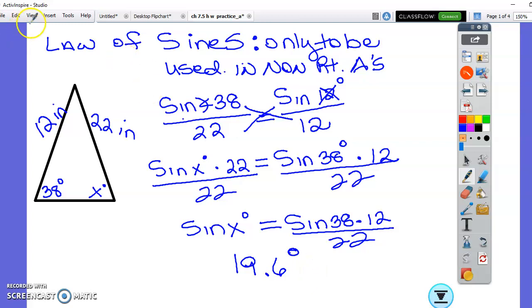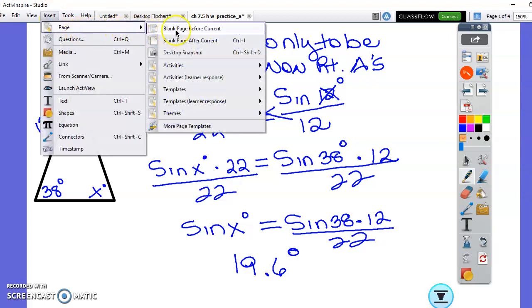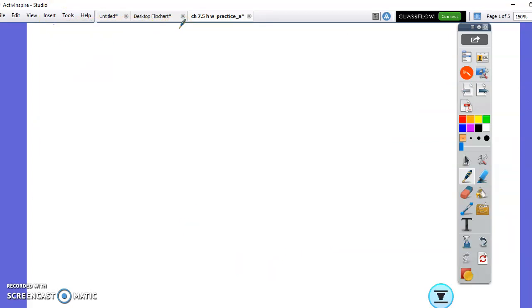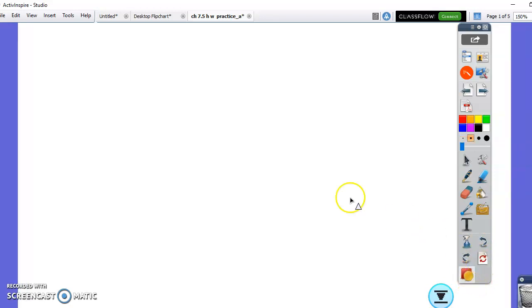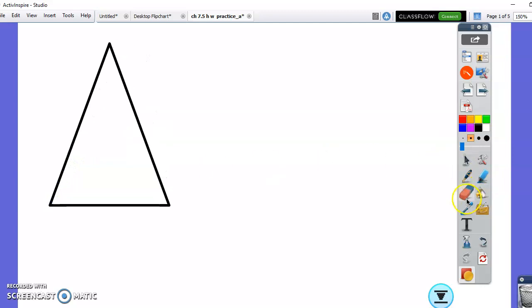Now we can use it to find the length of a side. So let's do another triangle. Non-right, of course. But now I'm going to know both angles.